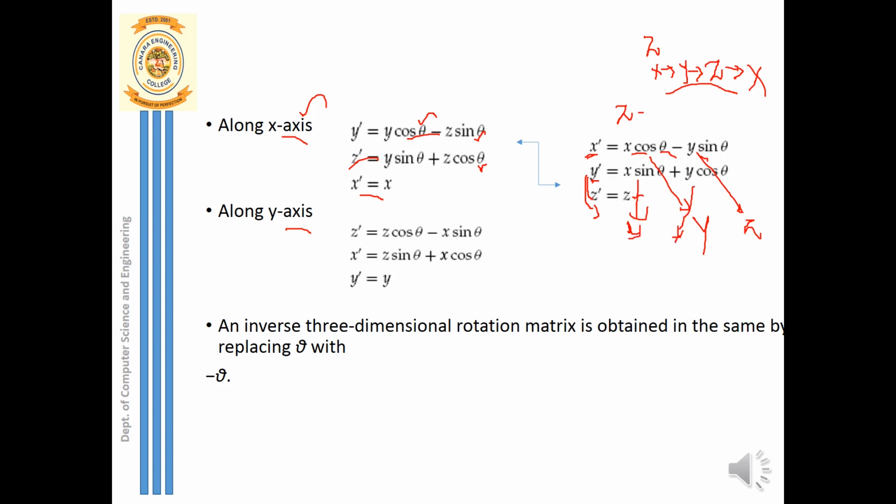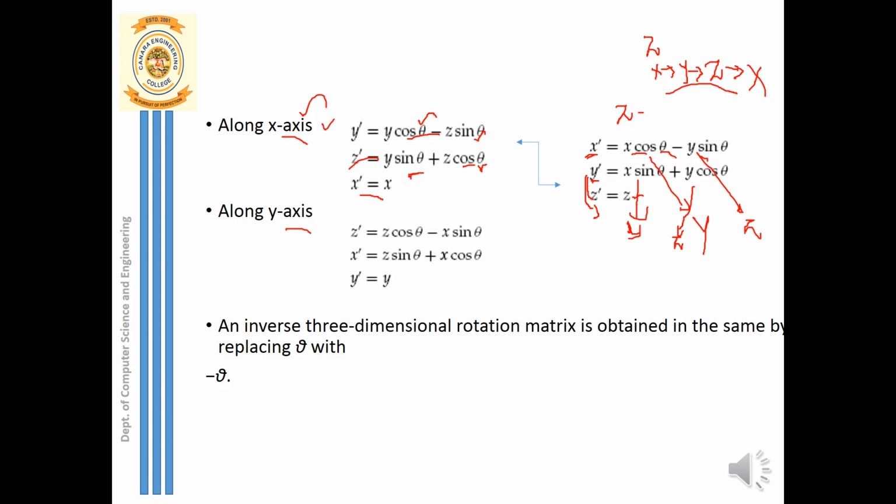So you can write the new equation for z dash. Z dash is equal to y sin theta plus, instead of y cos theta, now it became z cos theta. So that is the new equation that you write for z dash, whereas x values remain unchanged. So this is how you write the equation for performing the rotation along x-axis.